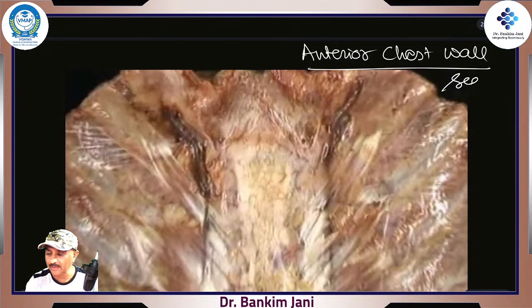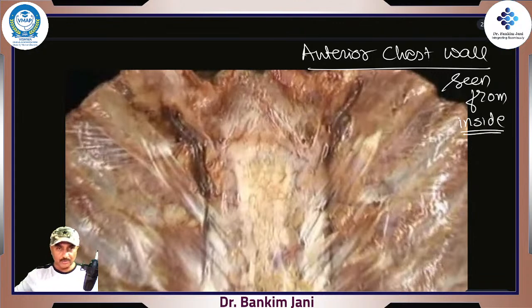So seen from inside. Now normally we don't see it so clearly, because for this what you have to do is you have to just cut the anterior chest wall and then flip it and then you watch it, right? So this is the front and this is the back. So we are watching the back or the inside of the anterior chest wall, and this is the beauty.